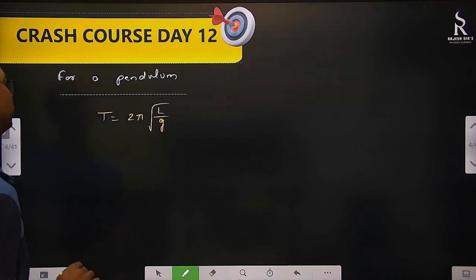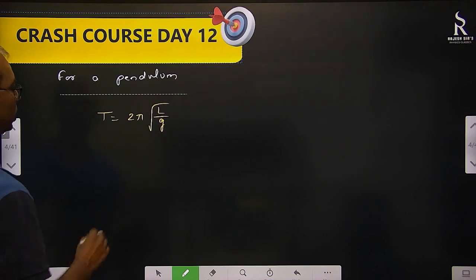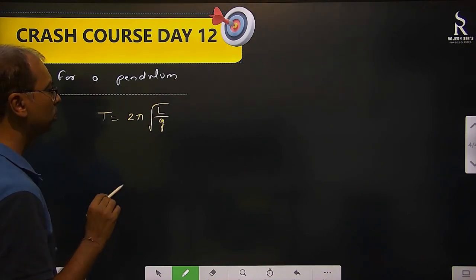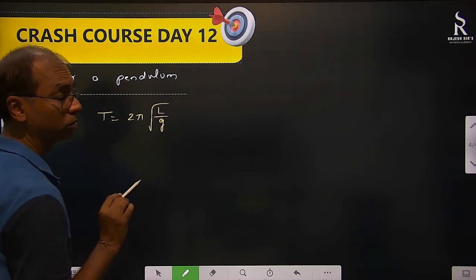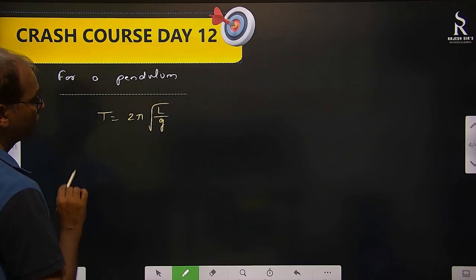Okay, so the time period is changing because of which property is changing? The time period is changing because the length is changing. The length is changing because of change in temperature. The remaining things are all constant: 2 pi constant, g constant, everything is constant. So what I am going to do is use what we have learned in error.